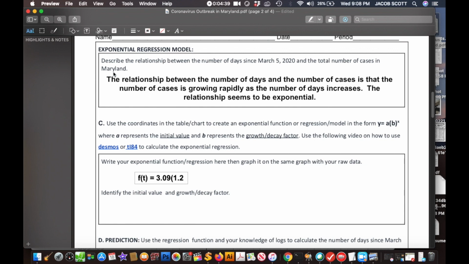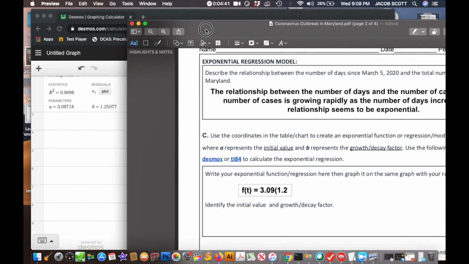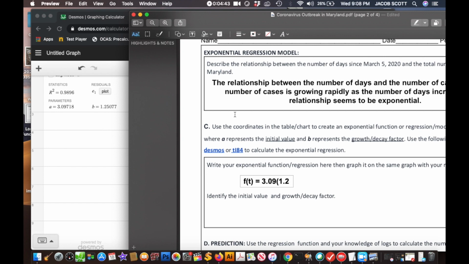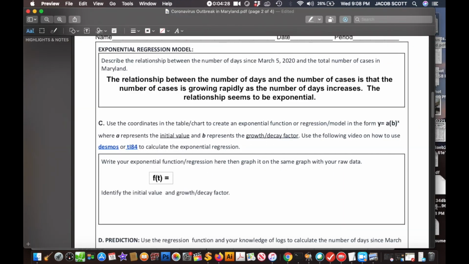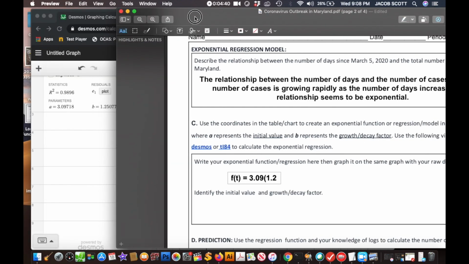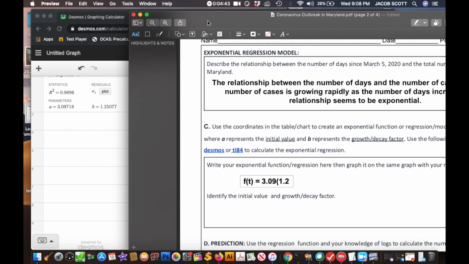What was that? 1.25. Let's double check. Yeah, 1.25.